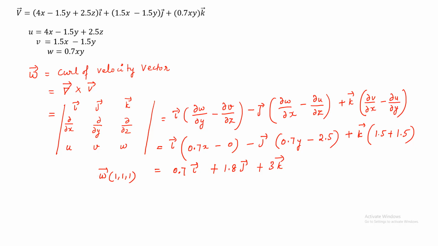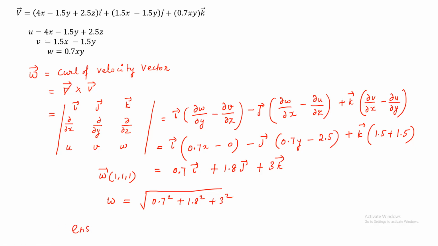So this is our vorticity at (1, 1, 1). To find the magnitude, we take the square root of 0.7 squared plus 1.8 squared plus 3 squared.